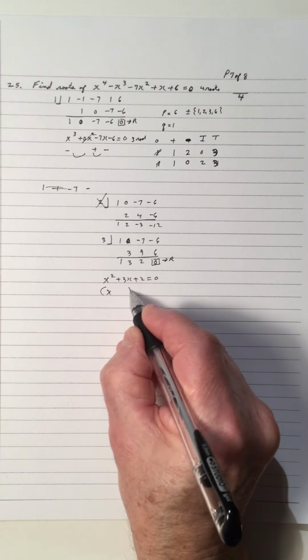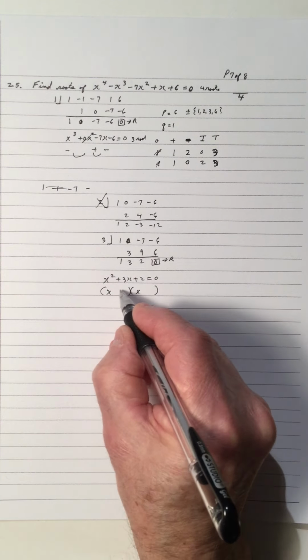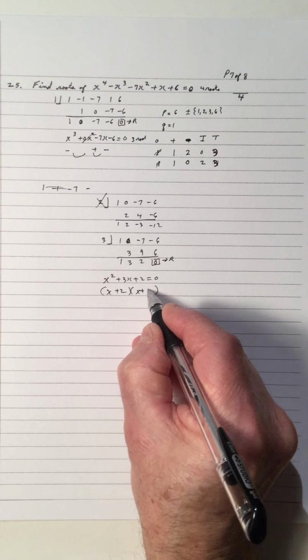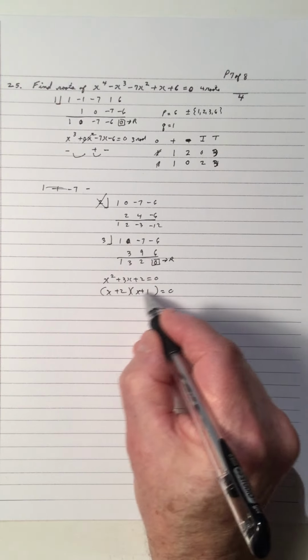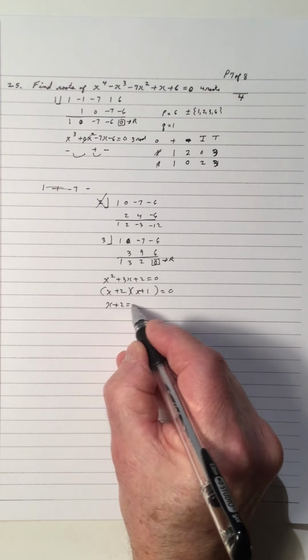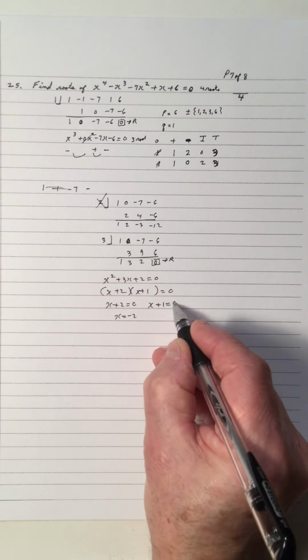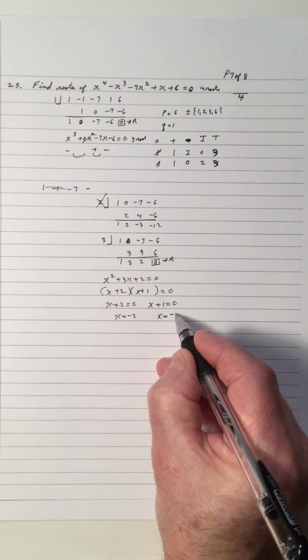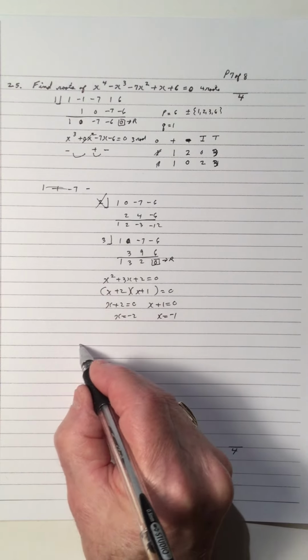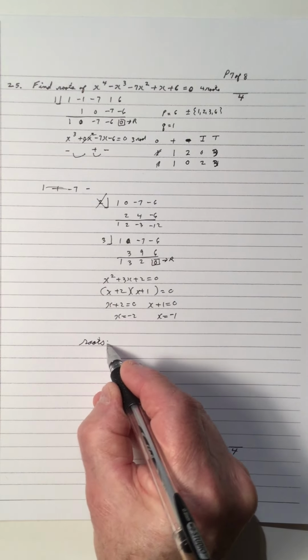So that's x plus 2, x plus 1. The factors of 2 are 2 and 1. X plus 2 equals 0, x is negative 2. X plus 1 is equal to 0, x is negative 1.